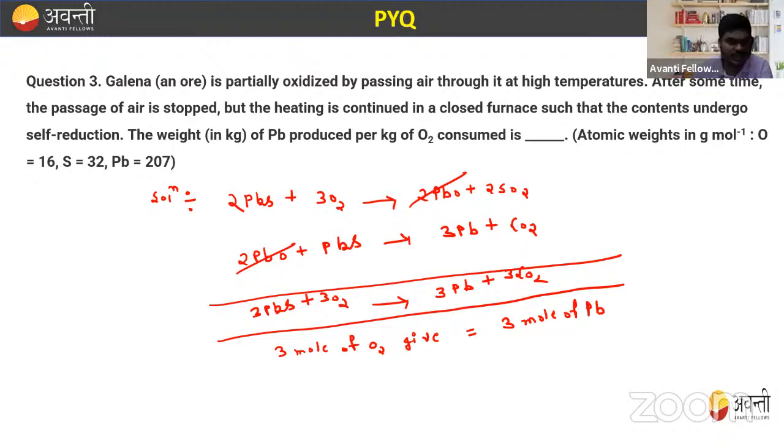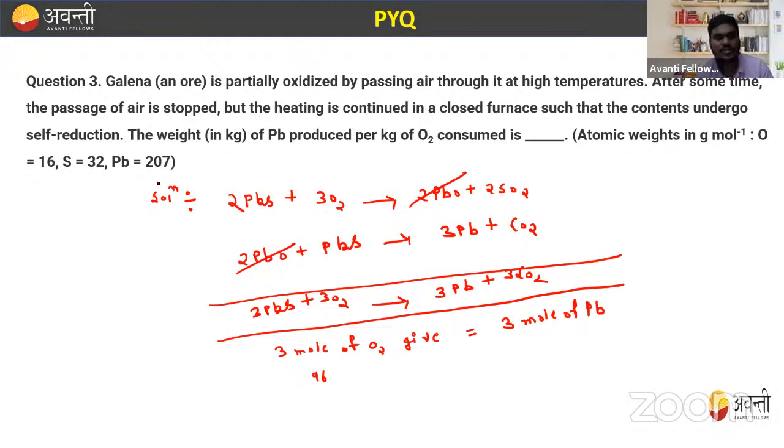Now in this question, read the question very carefully. In other words, 3 mole of O2, we know 32 gram, 32 into 3, that is 96 gram. So 96 gram of O2 gave 621 gram of Pb.